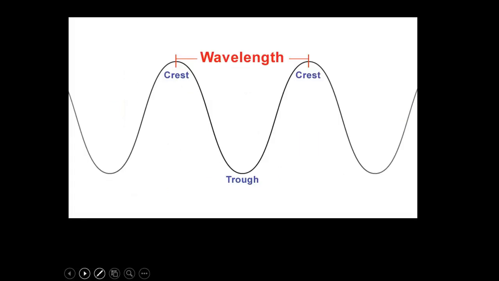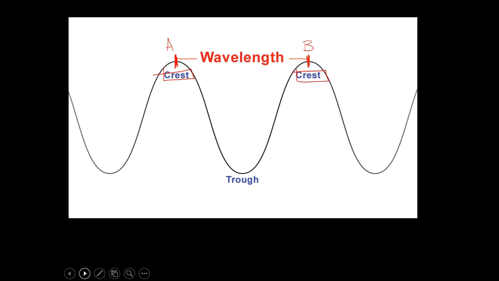So what is a wavelength? A wavelength is created by the movement here. And we measure a wavelength from the peak of a crest to the peak of another crest. So we measure from the peak of crest A to the peak of crest B. That is one wavelength.